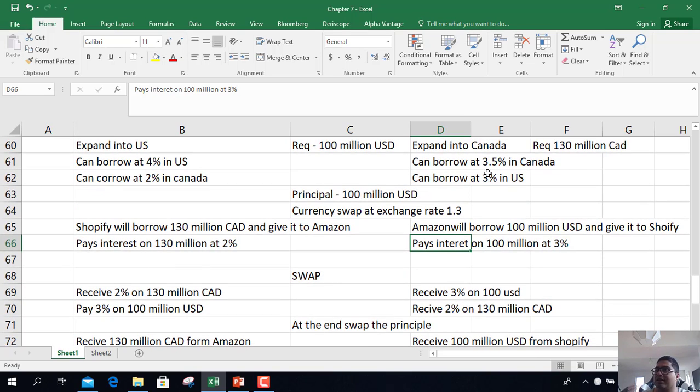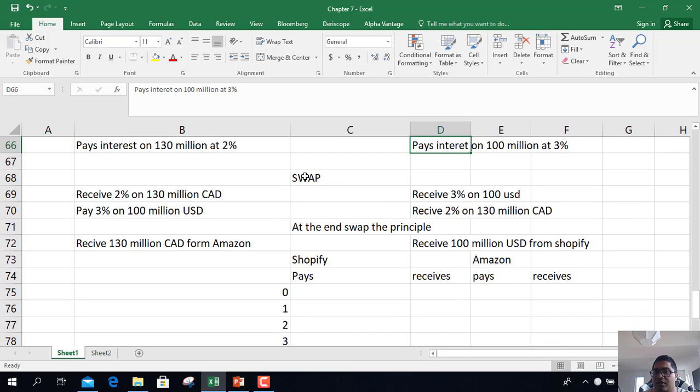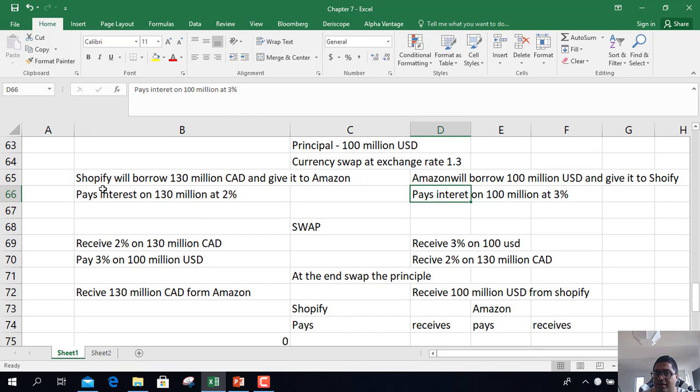Now this is a typical example of a swap. How will the currency swap work? Both will exchange principals. Shopify will give 130 million Canadian and receive 100 million American. Amazon will give 100 American and get back 130 Canadian.